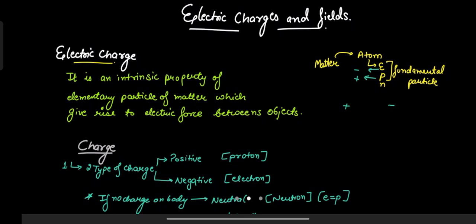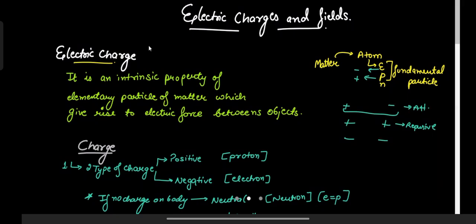While if I bring similar charges, positive and positive or negative and negative, we see that they have a repulsive force on each other. So this is very important: it is an intrinsic property of the matter, and second, they give rise to electric force between them. The opposite charge will have an attractive force while similar charges will have a repulsive force. Opposite attracts and the similar repel.